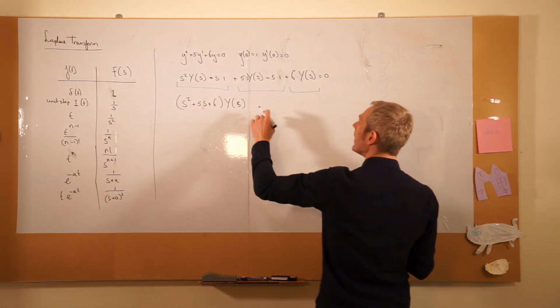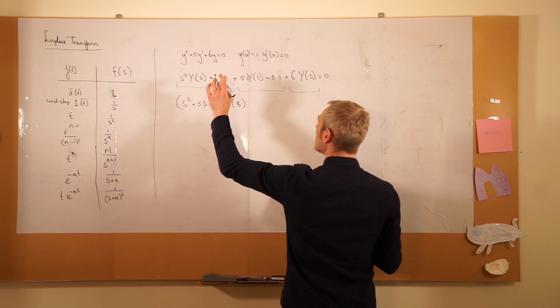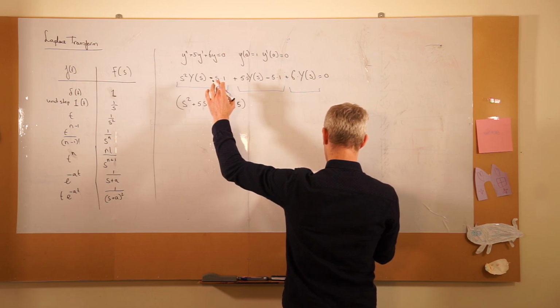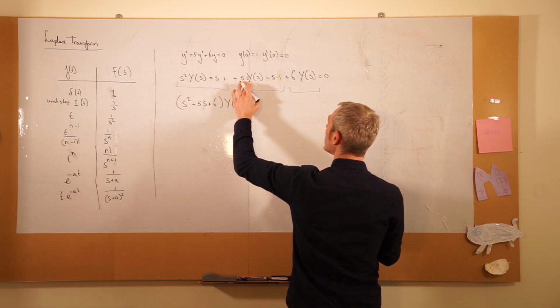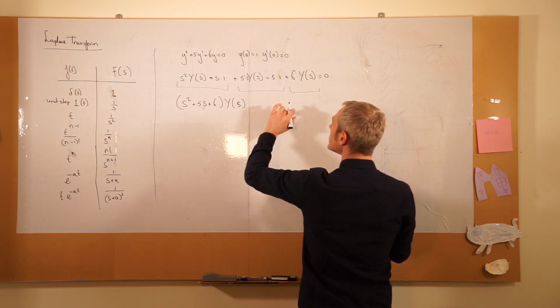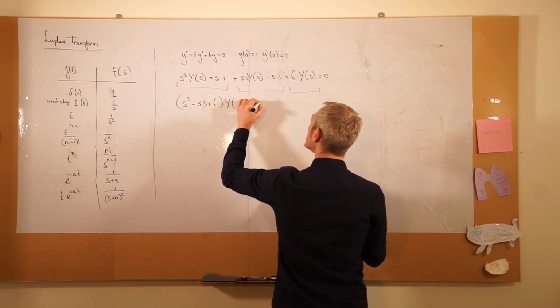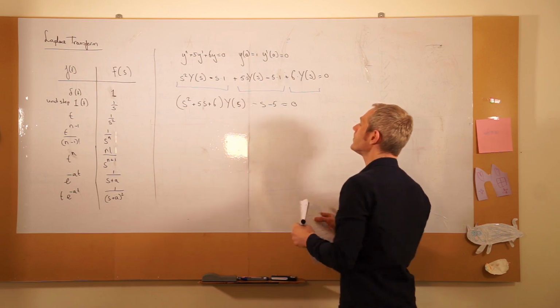And we still have, let's see, minus s here, and minus 5 here, so we have minus s minus 5, and that is equal to 0.